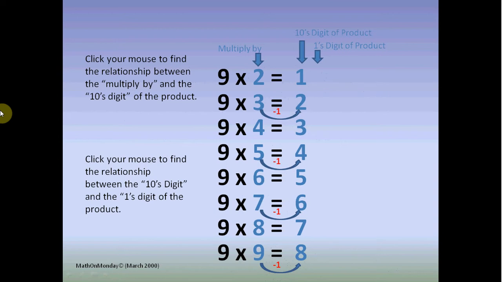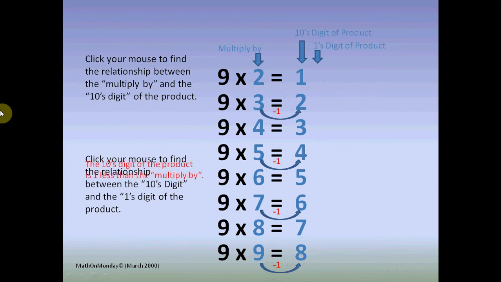Well, I think you could notice the fact that the multiply by and the tens digit of the product are easy to figure out from each other. So if you say 9 times 8, you know it's going to be 7. It's a nice pattern. 9 times 7, you know it's going to start with a 6.